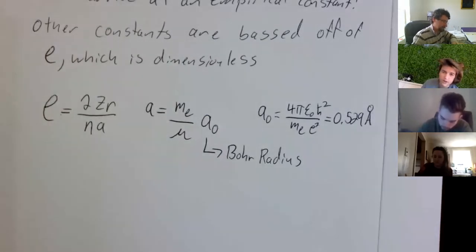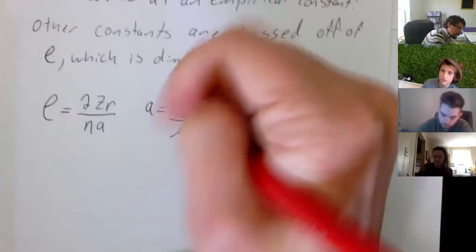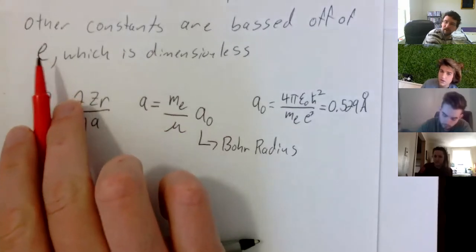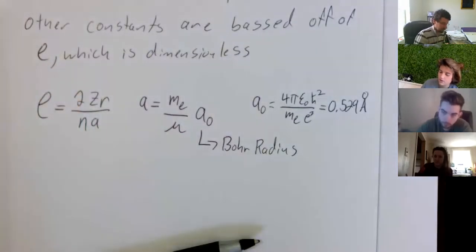Is that rho or L? That is rho, the dimensionless one. It's a Greek letter. For a, is that equivalent to m_e over mu? Yes.